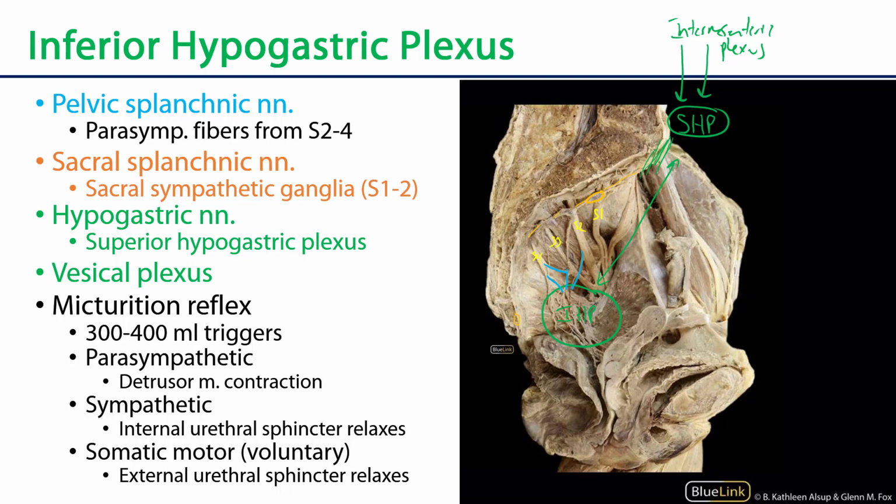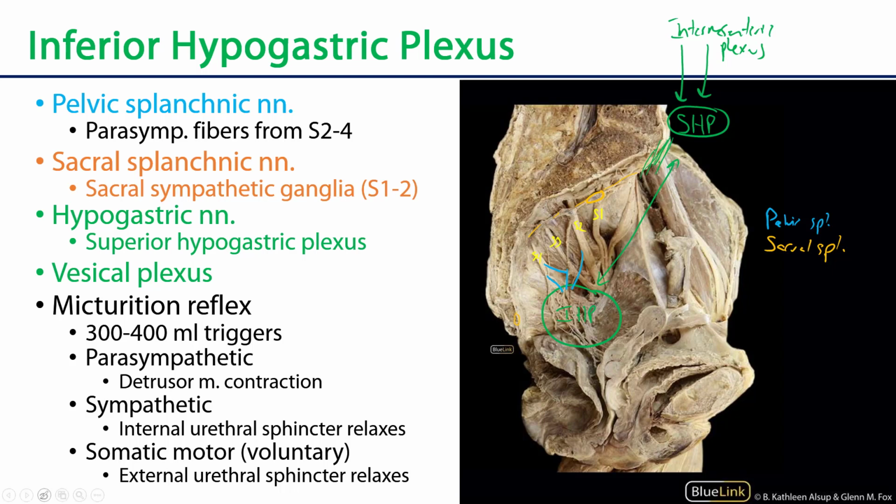So when we discuss what is contributing fibers to that inferior hypogastric plexus, from the parasympathetic side of things, we have the pelvic splanchnic nerves. From the sympathetic side of things, we have the sacral splanchnic nerves.